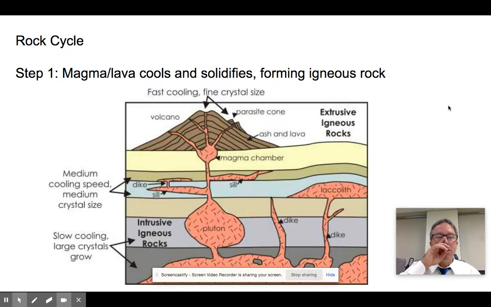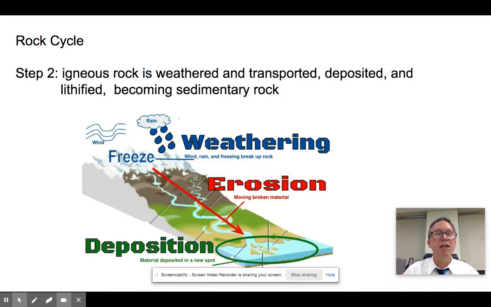All right, so step one, magma cools either as magma or lava, cools and solidifies, forming igneous rock. So I have igneous rock that now gets exposed to the elements, to weather. So the second thing that happens is these igneous rocks undergo weathering. So basically, remember ice wedging and the action of plants and chemical weathering turns some of the minerals into clay, which loosens up the other things.